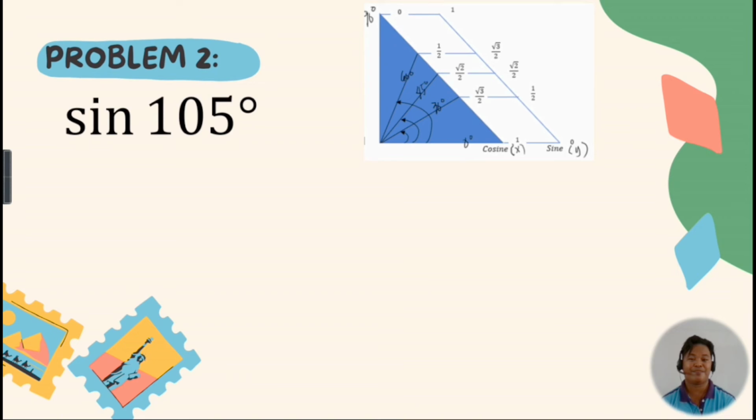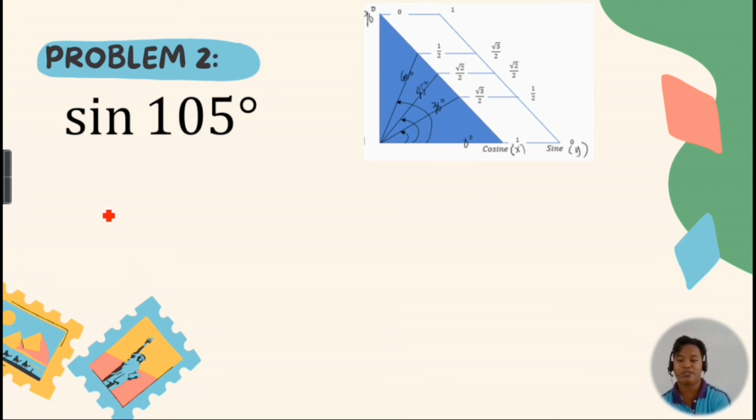Let's have now problem number 2. We're going to calculate the exact value of sine 105 degrees. So we're going to compute 105 degrees from these special angles.